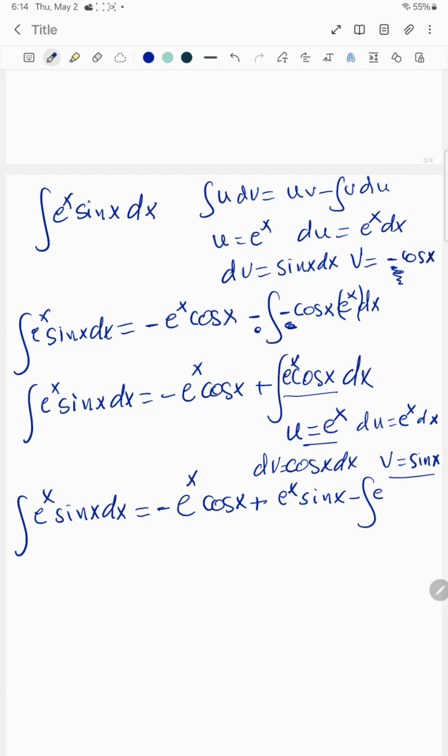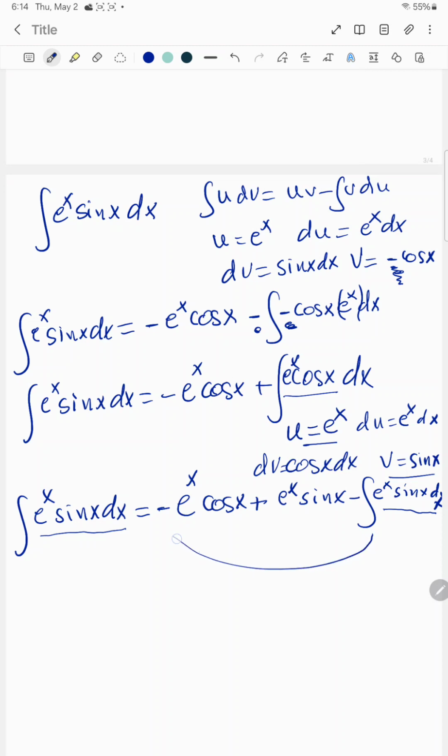So this is v du. My v is sine x and my du is e^x dx. And if I look here, the integral of e^x sine x dx, and here I have the integral of e^x sine x dx.